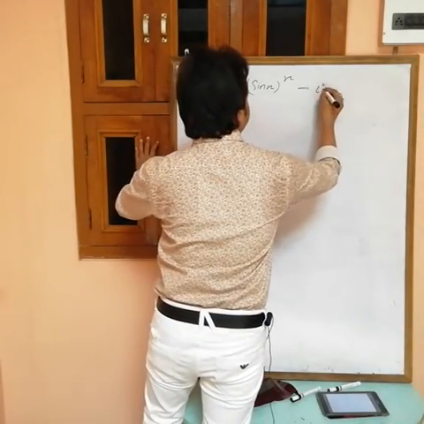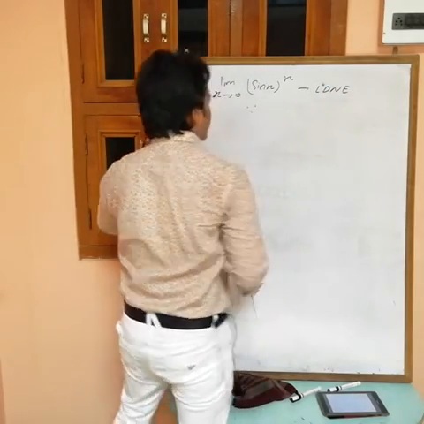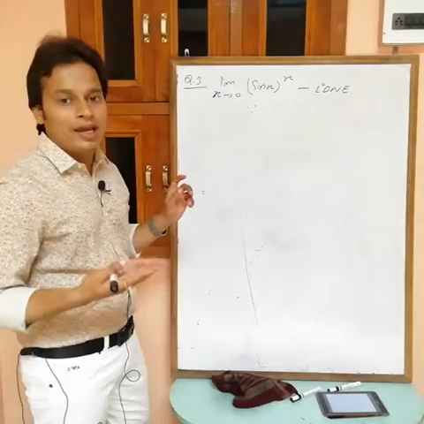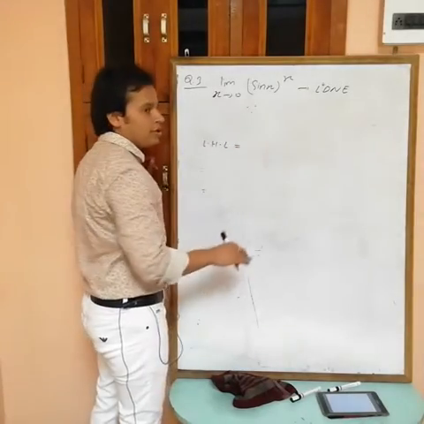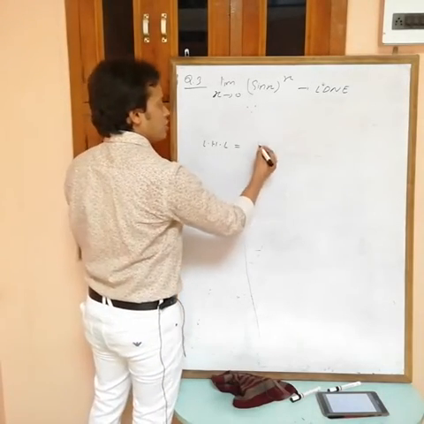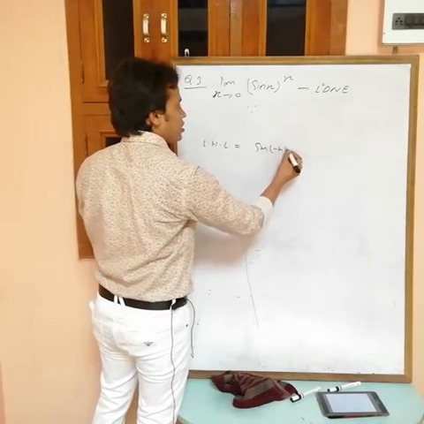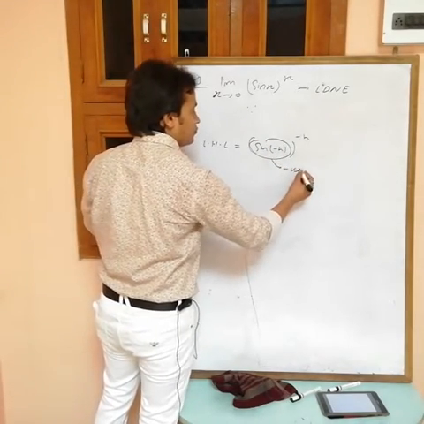Limit does not exist. What is the reason? Because for LHL, if you find LHL, x tending to 0 minus, x is equals to 0 minus h now, sine of minus h power minus h, and this is negative.